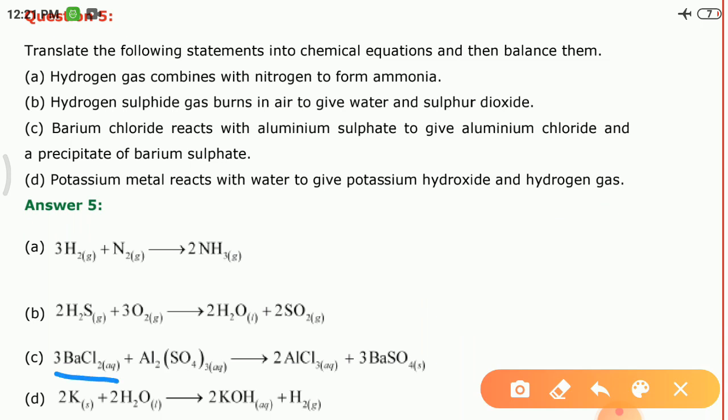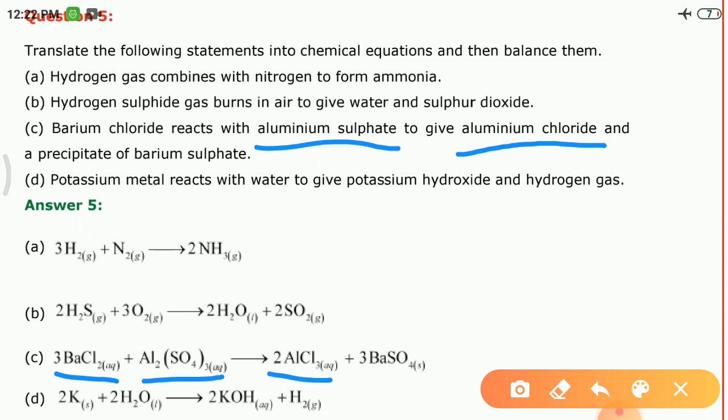Then barium chloride reacts with aluminium sulfate. Aluminium sulfate is Al2(SO4)3. It is a double displacement reaction and they will exchange their ions. Barium will combine with sulfate and aluminium will combine with chloride. So after the reaction they give aluminium chloride.